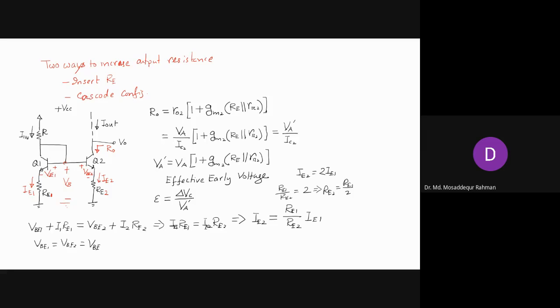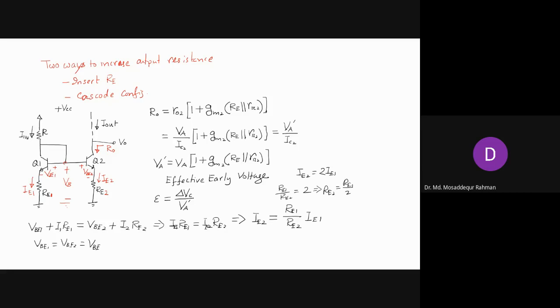And since this is the emitter current and this is the collector current, they are almost the same. I out will be alpha IE, which is almost equal to IE. So by choosing the appropriate ratio for these two resistances, we can accordingly increase or decrease the current.